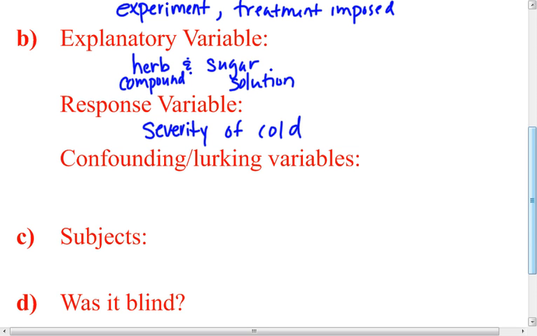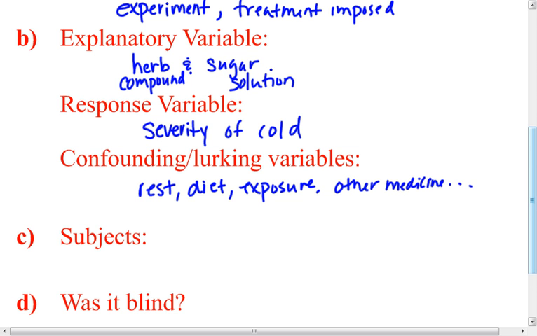Okay. The confounding variables, what else would affect whether you get a cold? And that would be things like rest, diet, exposure to other colds, other medicine you might be taking, your general health condition. The list could go on, but there's a few.